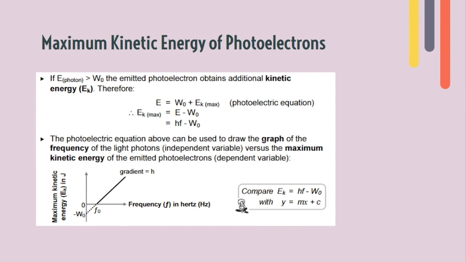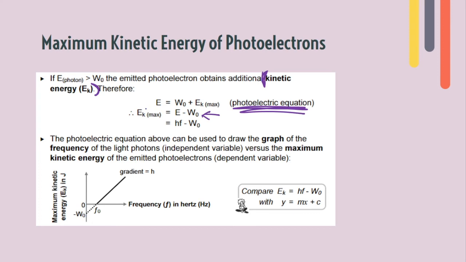Sometimes you may want to calculate the kinetic energy that your electrons are going to have. So you want to find out what is the relationship between the kinetic energy of the electrons and the energy that we provide. In order to find the kinetic energy from our photoelectric effect equation, we simply solve.